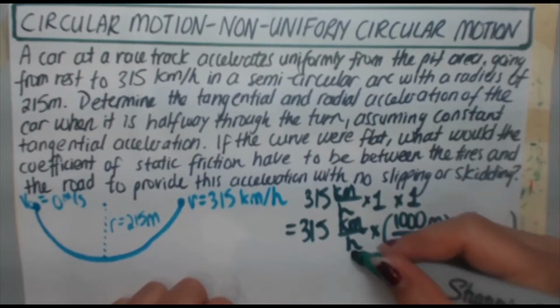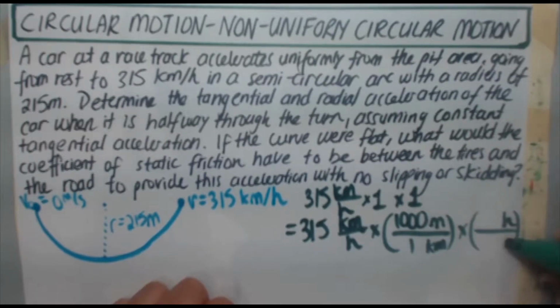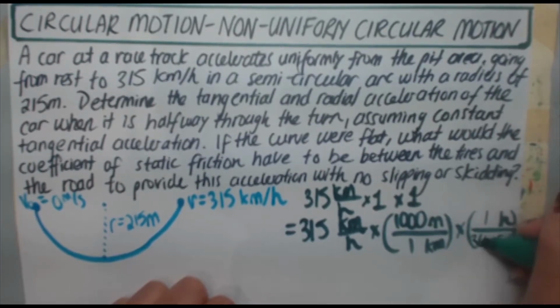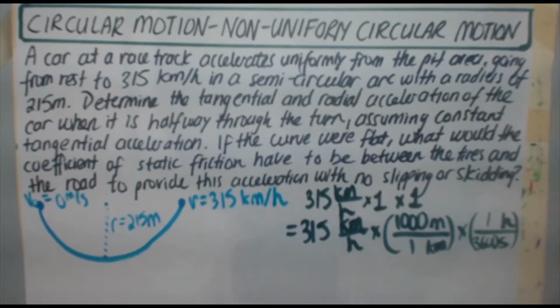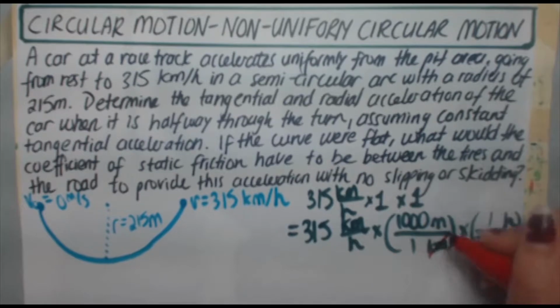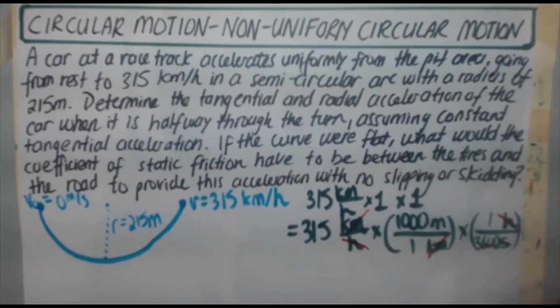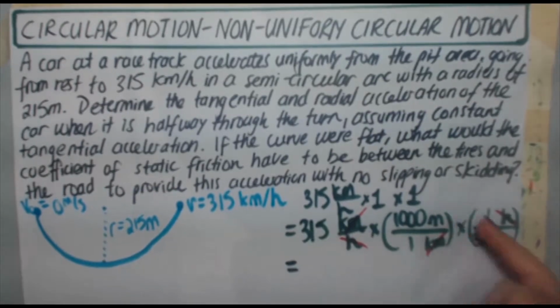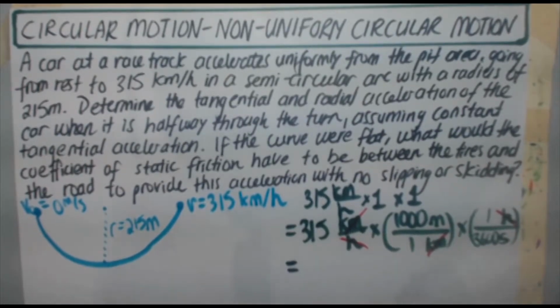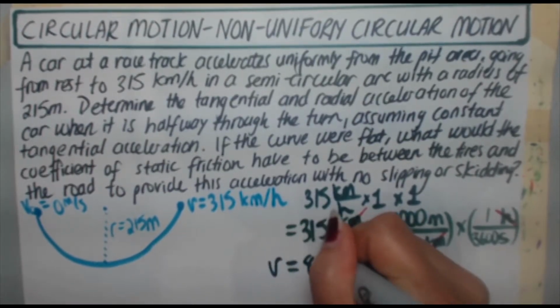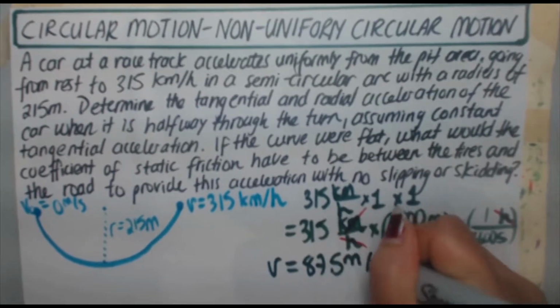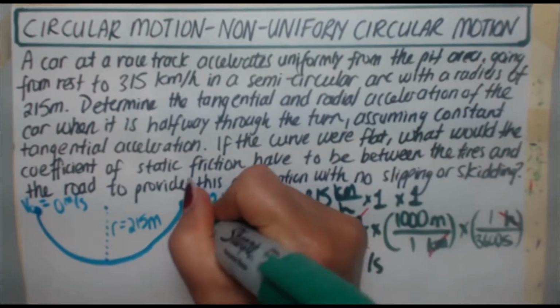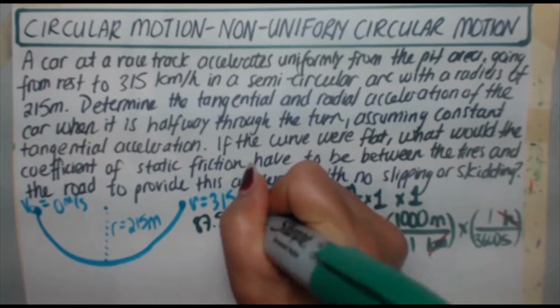Do the same for hours. You're trying to get rid of it, put hours on top, put seconds on the bottom. What ratio of hours to seconds is equal to 1? 1 hour is 3,600 seconds. So thereby you effectively cancel out the kilometers and the hours. So 315 kilometers per hour, multiply by 1,000, divide by 3,600, and you get V equals 87.5 meters per second. So 87.5 meters per second is our final speed.